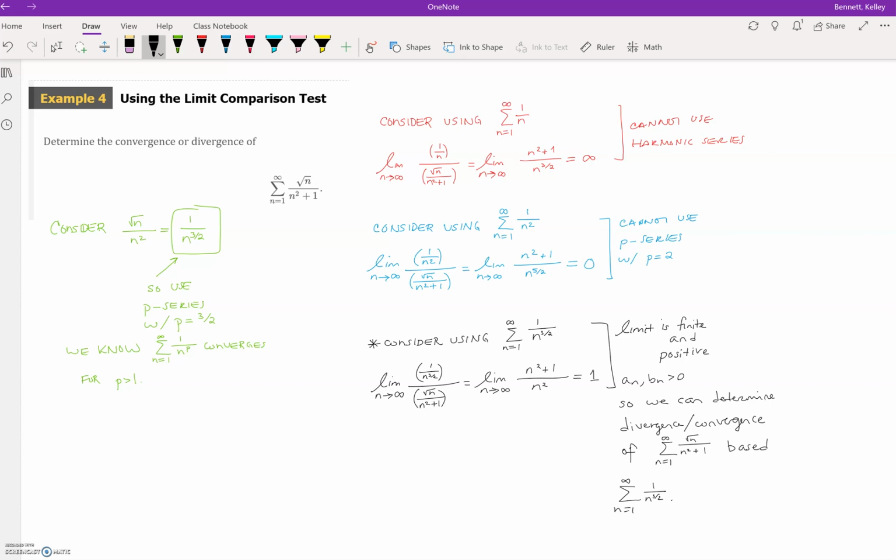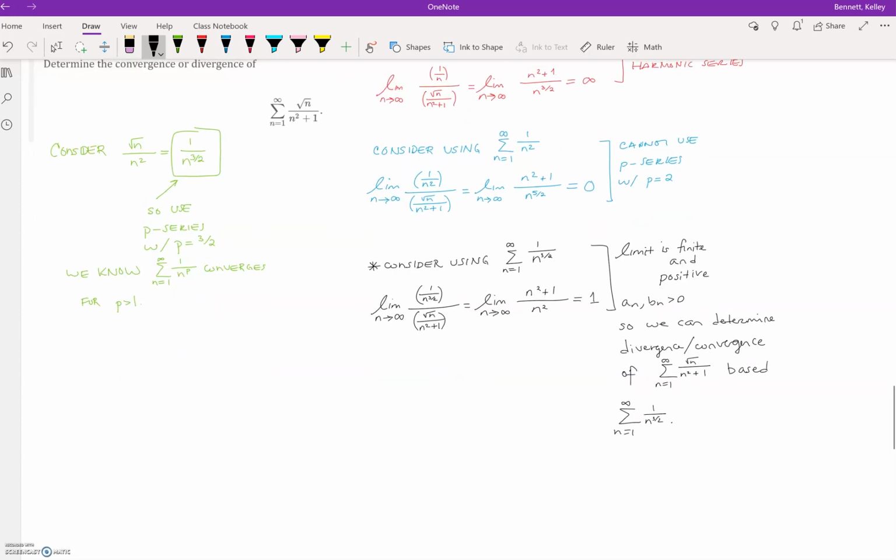So again, we've checked that a sub n and b sub n are positive. We've taken the limit of a sub n over b sub n and shown that it was 1, which is both finite and positive. And now what we're going to say is, if the p-series with p equals 3/2 converges, the thing that we used, then the original series must also converge.